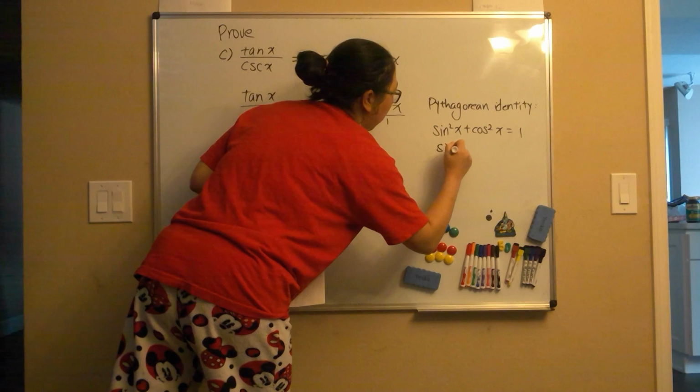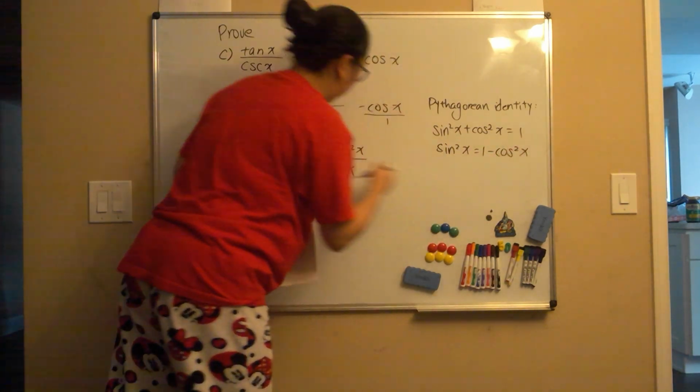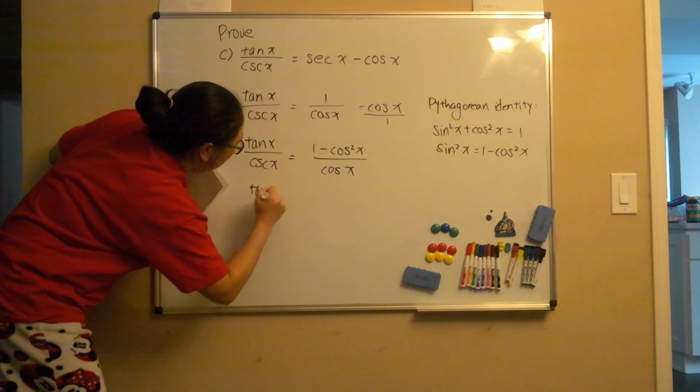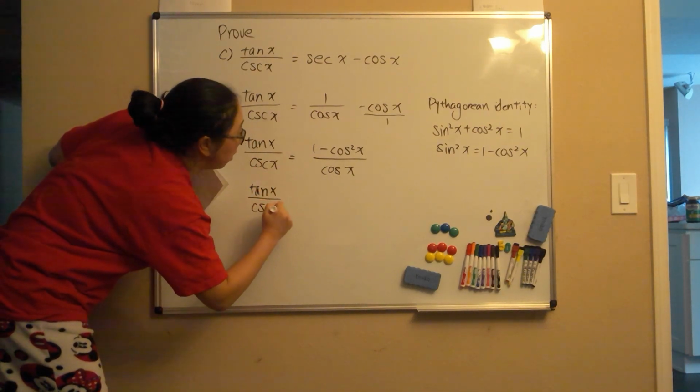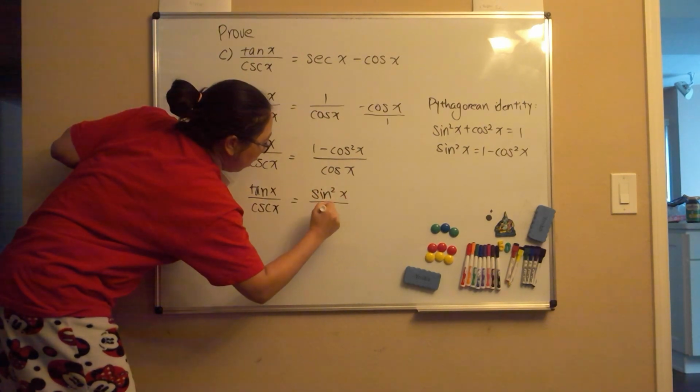So sine squared x is equal to 1 minus cosine squared x, which is what I need over here. So I have tangent x over cosecant x is equal to sine squared x over cosine x.